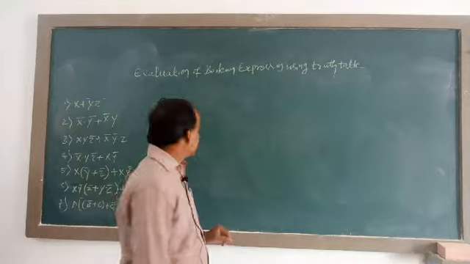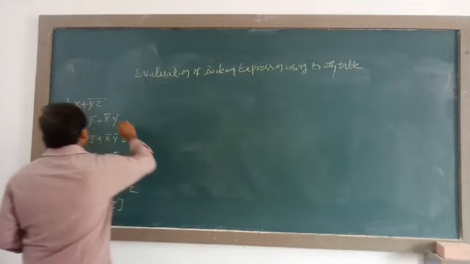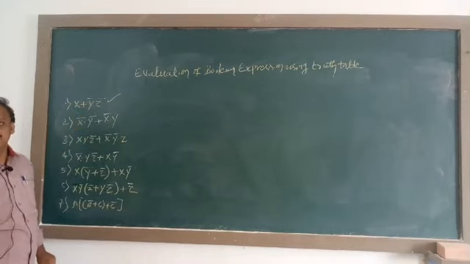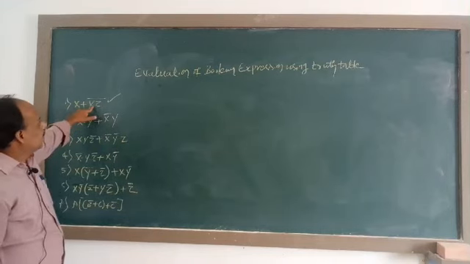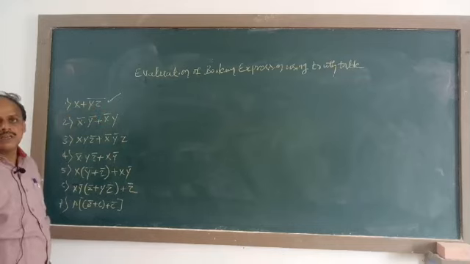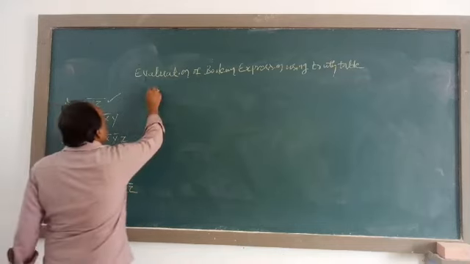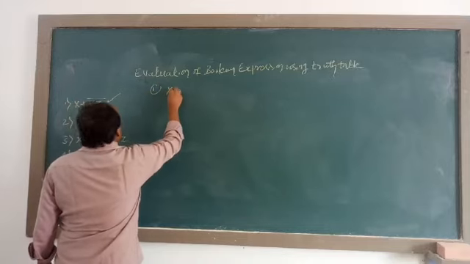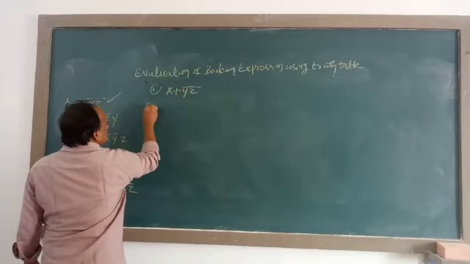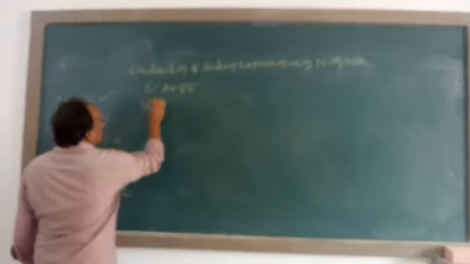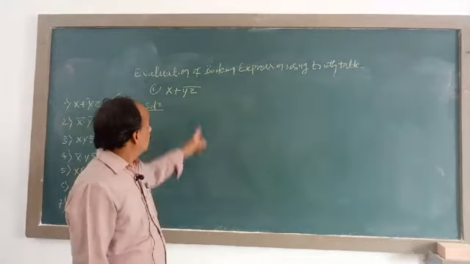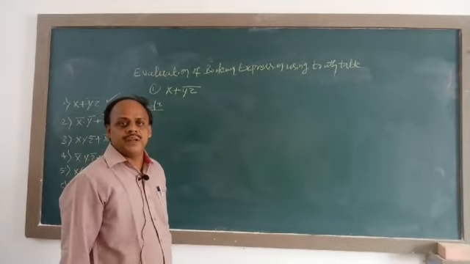Now let us consider the first one, x plus y into z whole bar. Evaluation of this Boolean expression using truth table. Solution. So we already know the procedure how to evaluate a given Boolean expression.